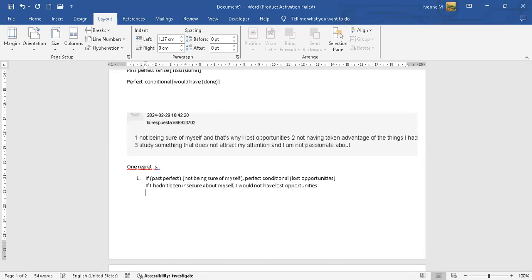Let's go with number 2. In number 2, we have, again, we need to put this: not having taken advantage of the things I had. It's incomplete.